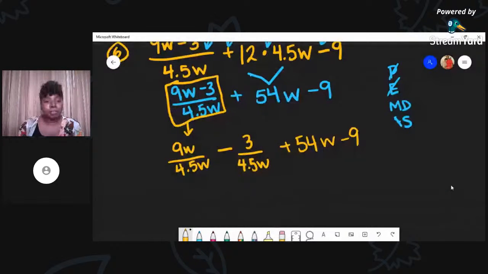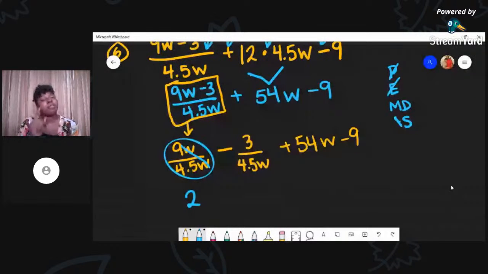One thing at a time. 9 divided by 4.5 is 2. W divided by W is 1. We get rid of the W there. So that's how splitting apart the fraction helped us: we were able to get rid of that W, which is going to help us with that 9.